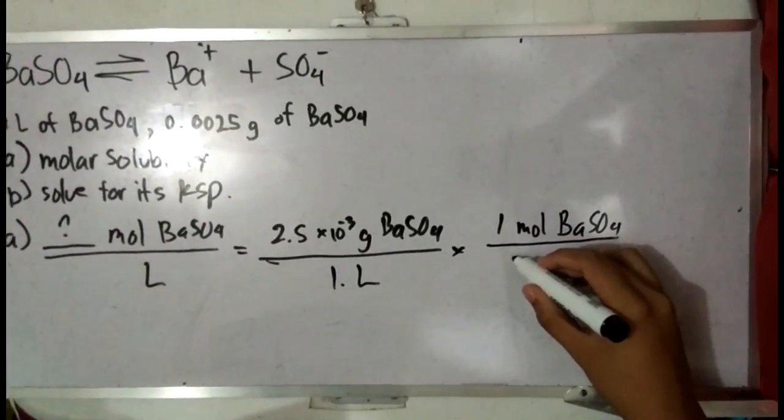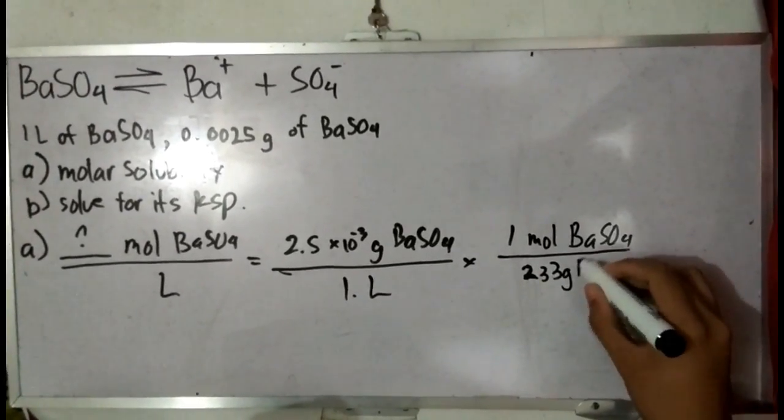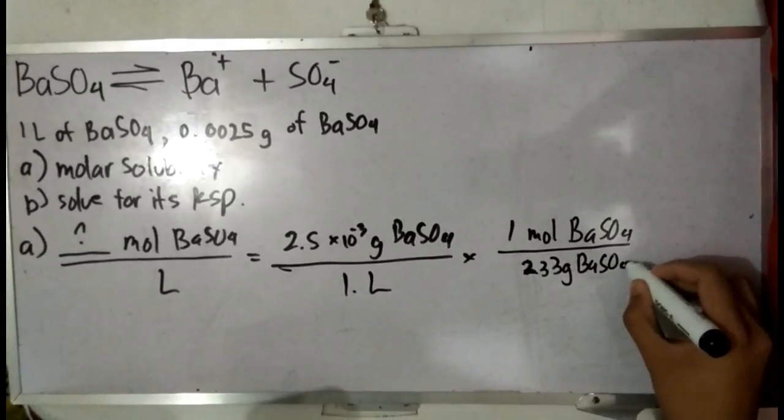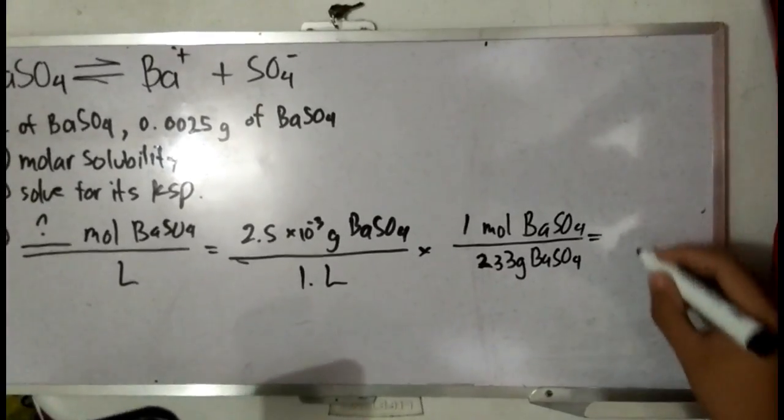By solving this, you will arrive at an answer of 1.1 times 10 raised to negative 5 molarity.